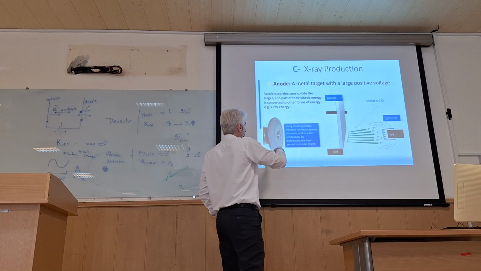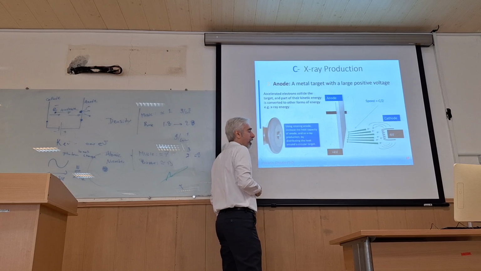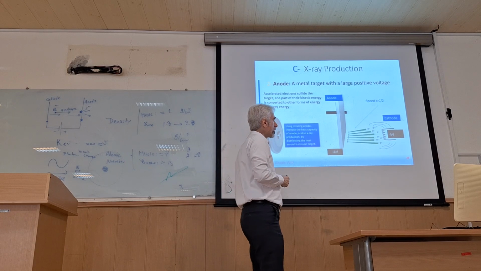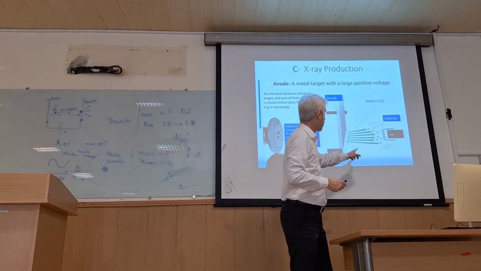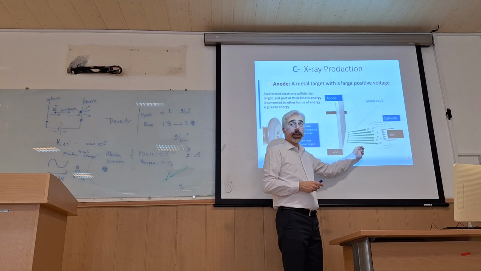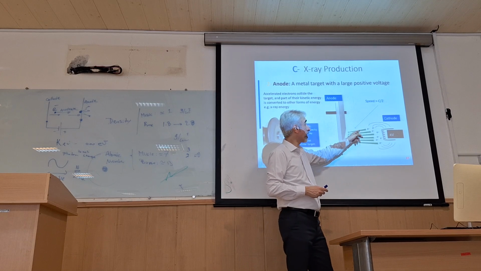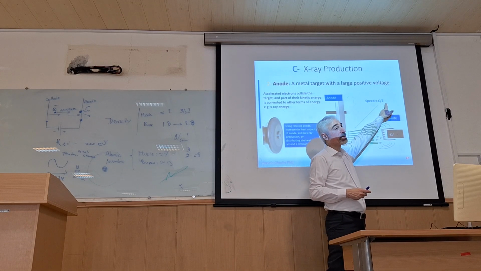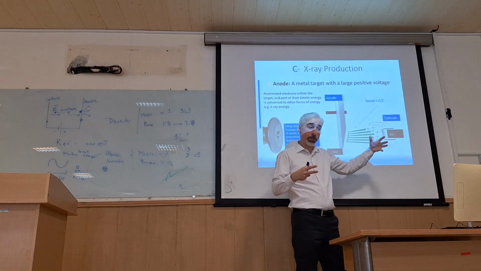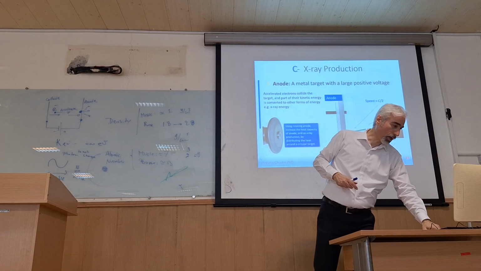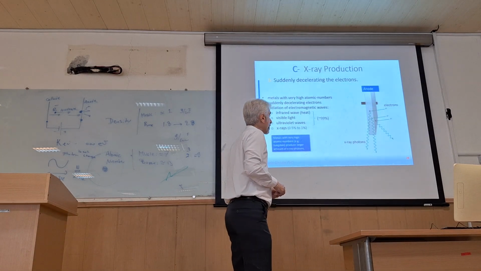This is a real picture of the anode inside the X-ray source. The electrons here have very high speed, around half of the speed of light. So it's a very high accelerated energy here.